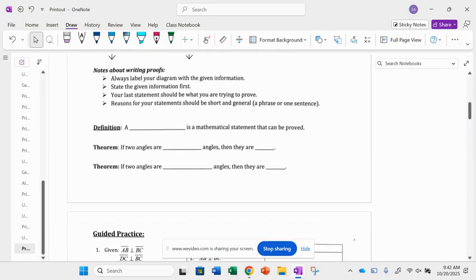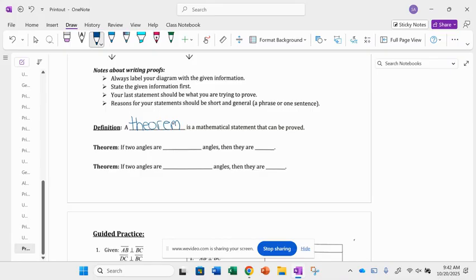All right, definition. A theorem is a mathematical statement that can be proved. And we're going to learn two theorems.